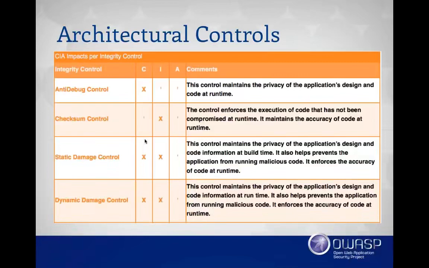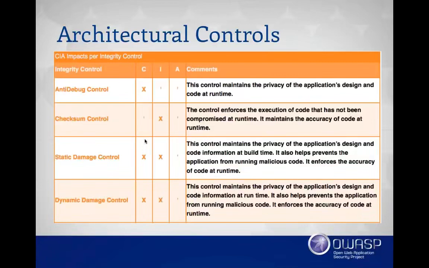Now, related to integrity is this notion of checksum controls. With checksum controls, we take a fingerprint of a particular region of code or data at build time when we're compiling it, and then compare it against what we see at runtime.